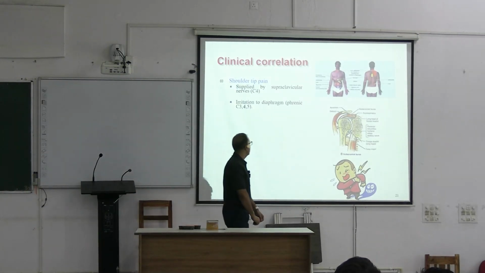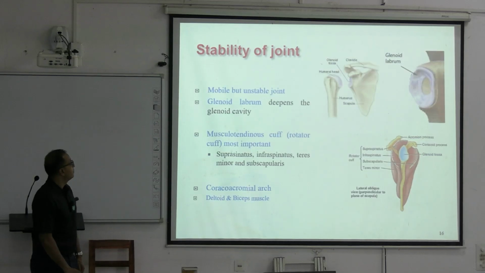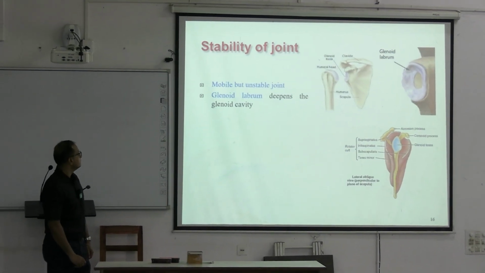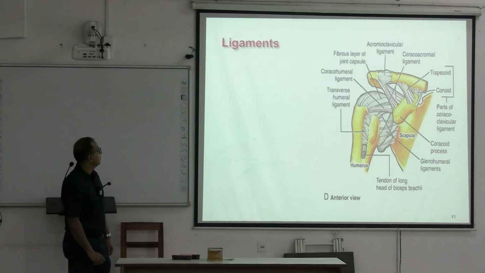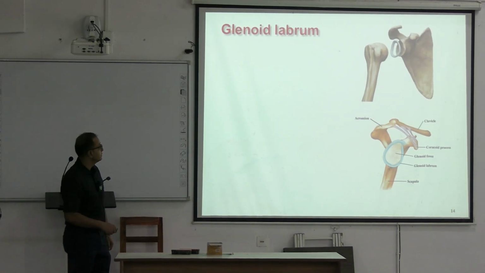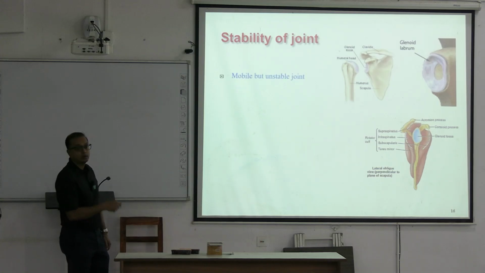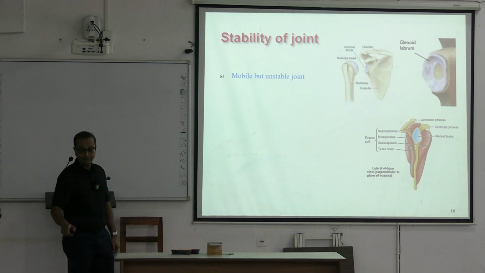What we have to understand and decode is the bursa and this rotator cuff: how these things are formed, where exactly they are present, what the structural contributions of these tendons to the rotator cuff are, and which of these 4 tendons is more prone to injury and why.